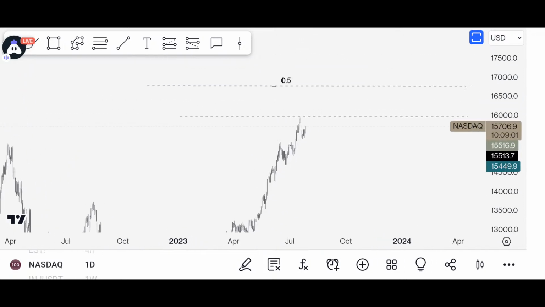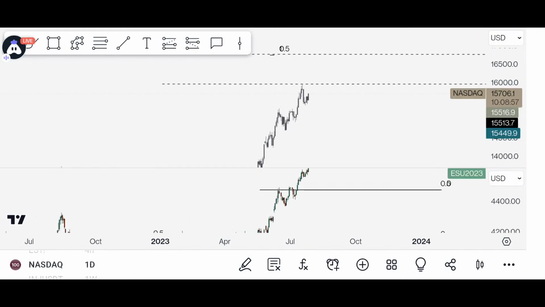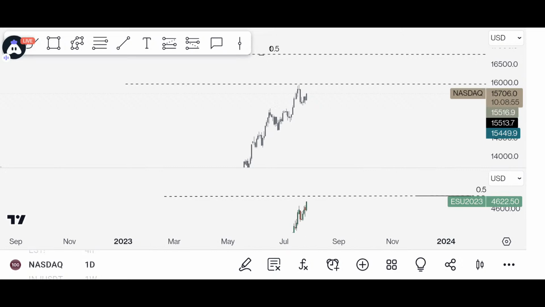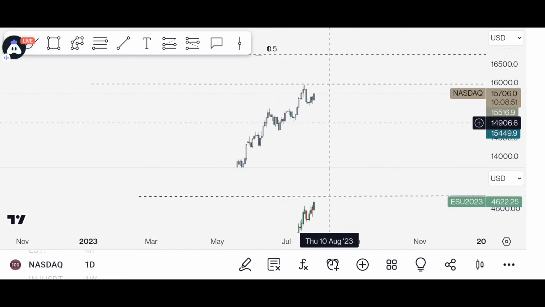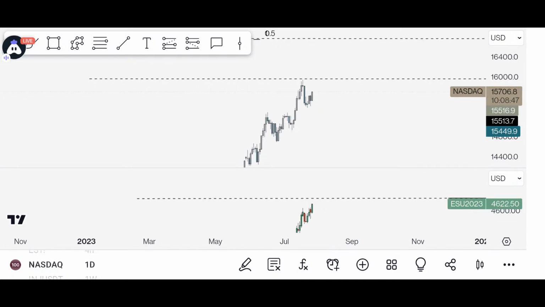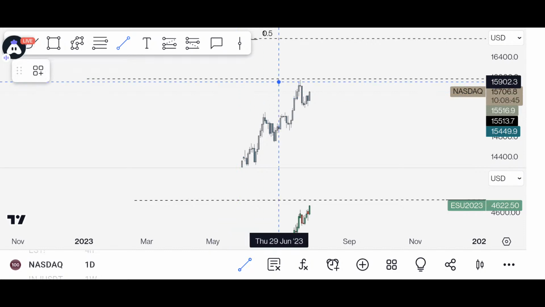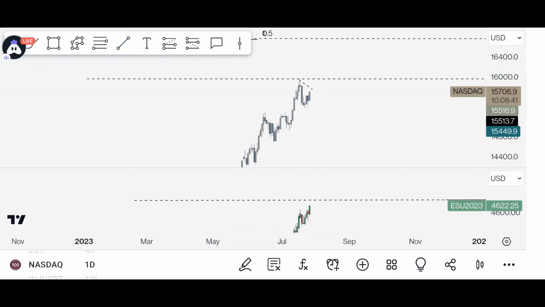Now what we will do is compare Nasdaq and ES. You can see that both Nasdaq and ES are in the discount. Above this line is the premium. Now you can see there is an SMT divergence already.